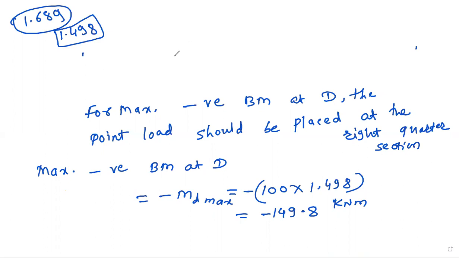Yes or no? ऑर्डिनेट ऑलरेडी आपण फाइंड आउट केले होते, त्याला फक्त 100 किलोन्यूटन लोडने अप्लाय केलं ॲज युजल. This procedure is known to you. We have to find out the ordinates, then multiply by whatever load is applied. So already we have calculated the ordinates 1.689, 1.48, 498, so we have to multiply by 100. One is positive, second is negative.